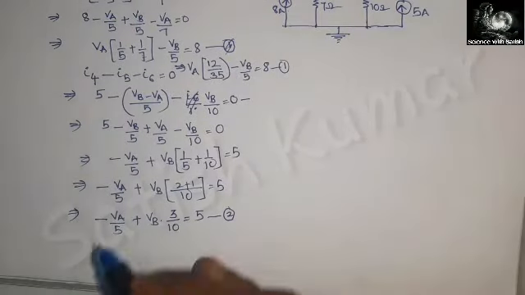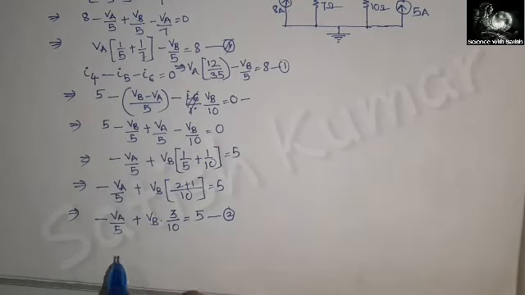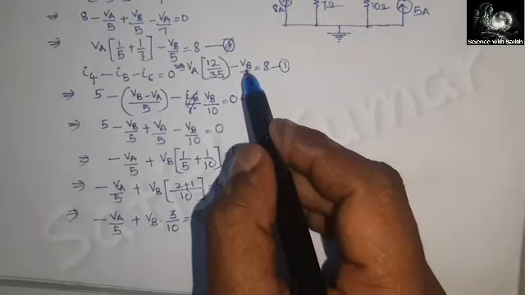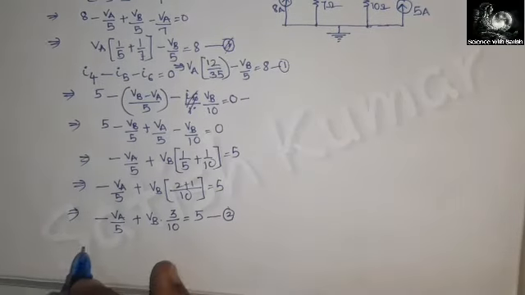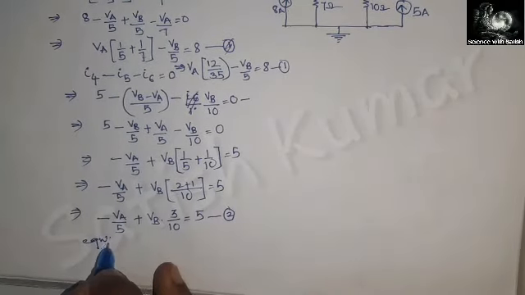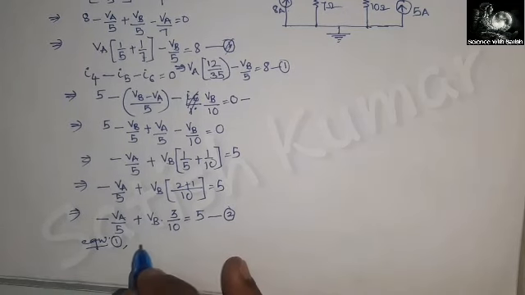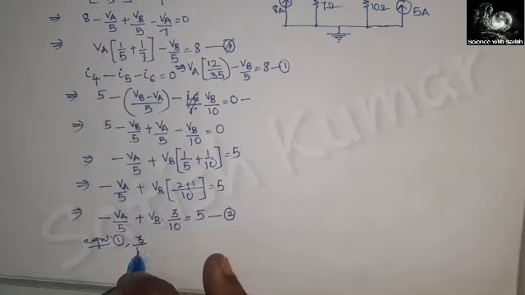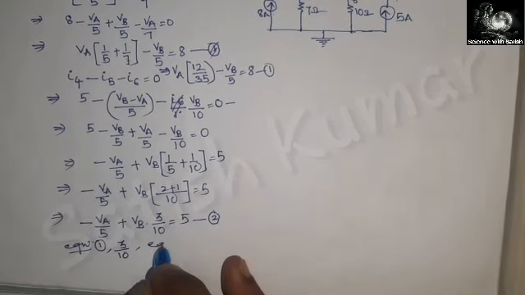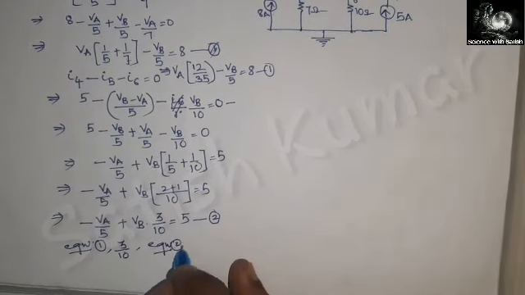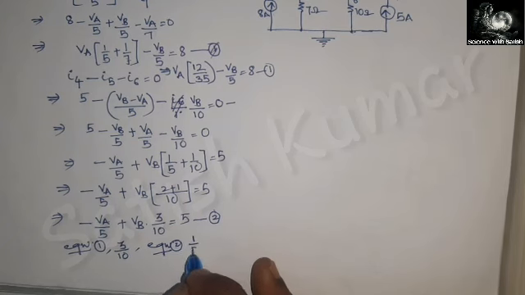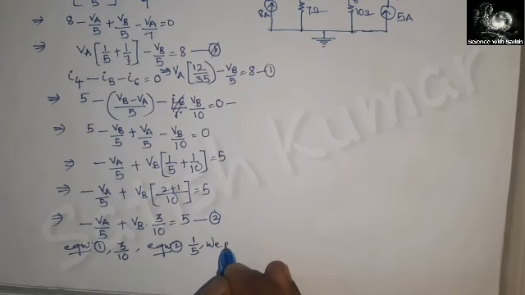Now, to solve this, equation 1 is multiplied with 3 by 10, and equation 2 with 1 by 5, we get.